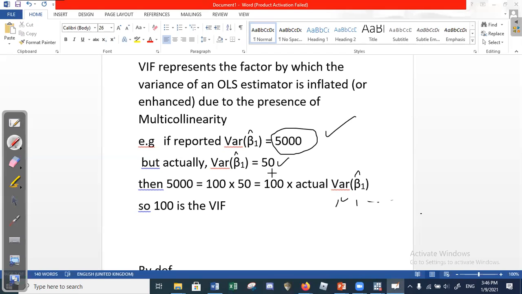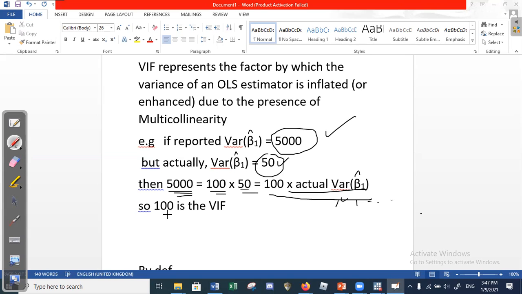So you see there is a huge difference between the two. 5,000 is a much bigger number as compared to 50. But then what is 5,000? 5,000 can be written as 100 times 50, right? What is 50? The original one, the expected one, which means that the reported figure, which is 5,000, is basically 100 times the actual variance.